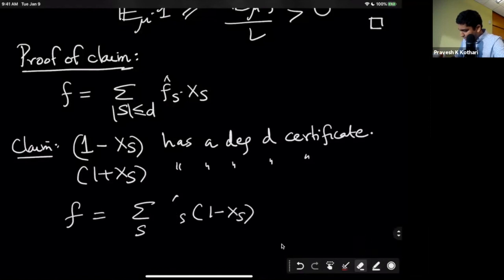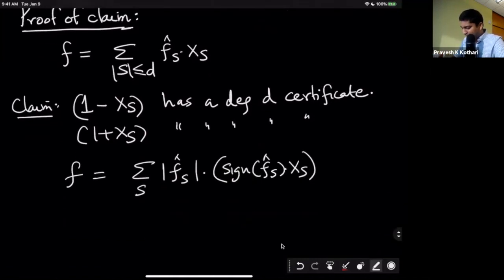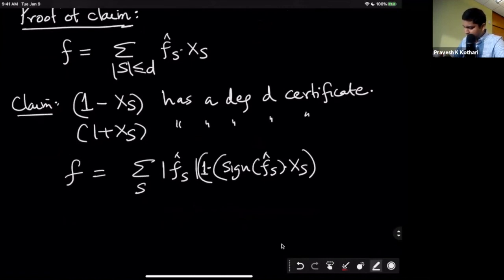Sorry, let me get my notation right. Then I observe that if I do 1 minus this, then by this claim, 1 minus the sign of f hat S times x_S has an SOS certificate, right?